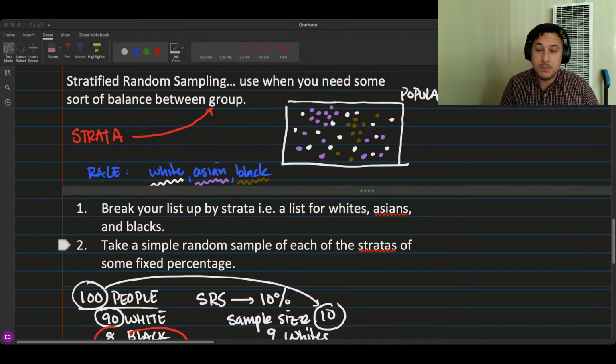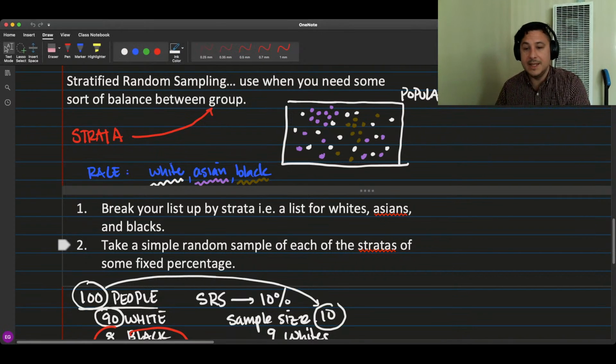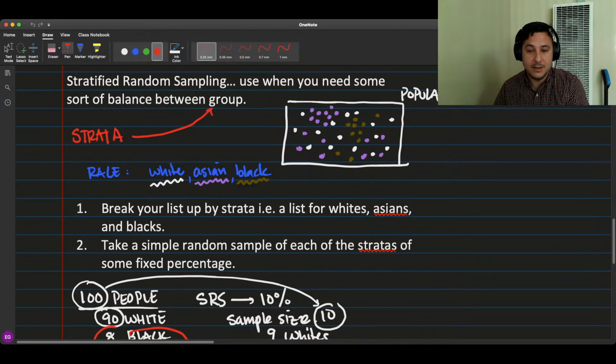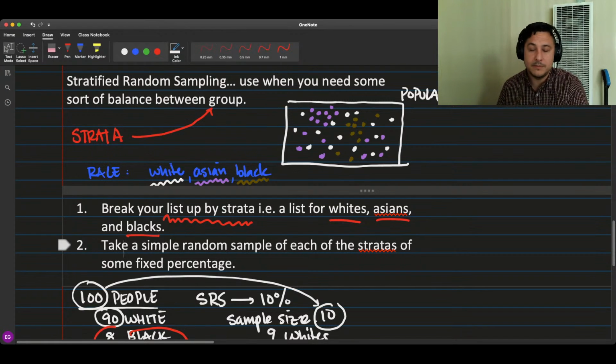White people were the white dots, Asian people were the purple dots, black people were the brownish dots. To make sure that you always get some white people, some Asian people, and some black people in your sample, you first take the master list of everybody and break it up by strata. So you have a list for whites, a list for Asians, a list for blacks, in other words, a list for each of your strata.